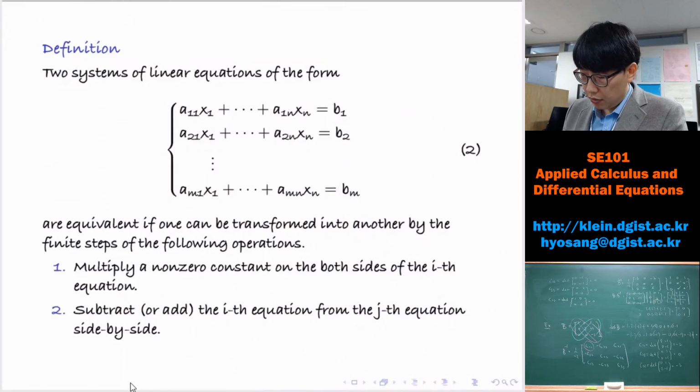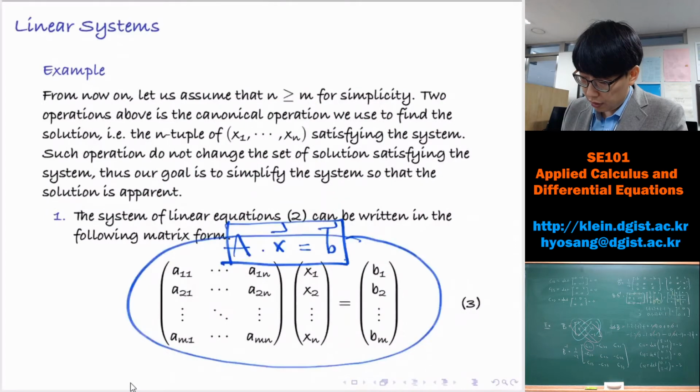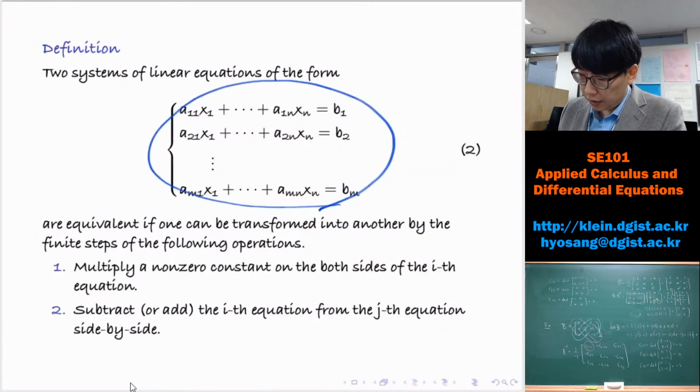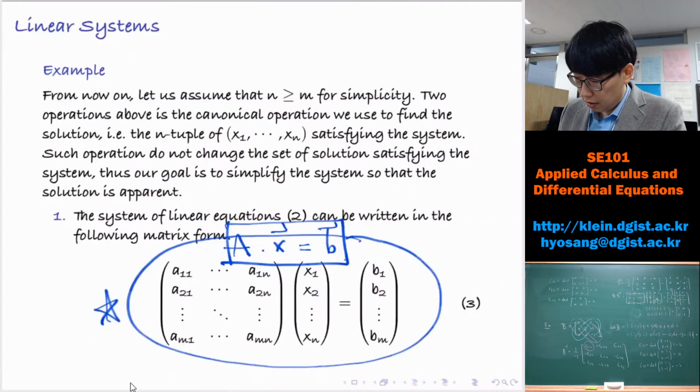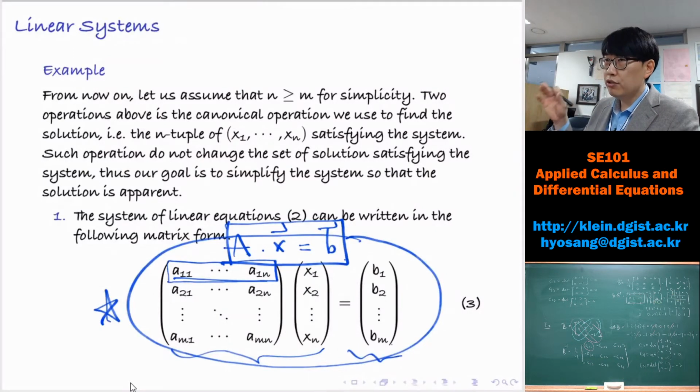So how can you relate this system of equations and this expression? You see, the first line of this system is saying that this linear sum is equal to B1. Now, if you're looking at this matrix equation, when I say these two matrices are equal, I mean that they are equal entry-wise.